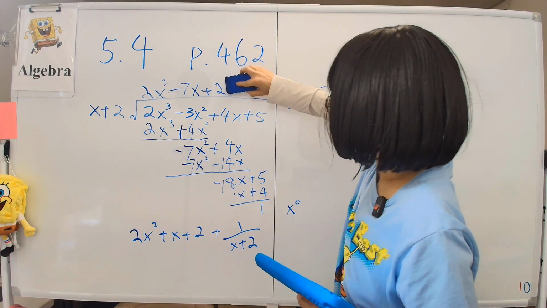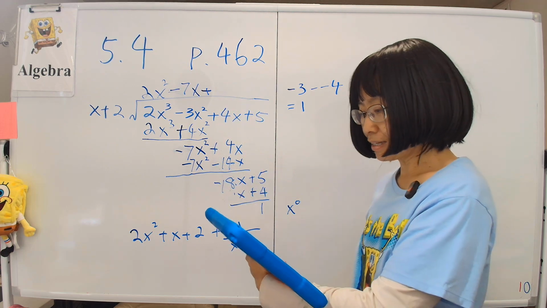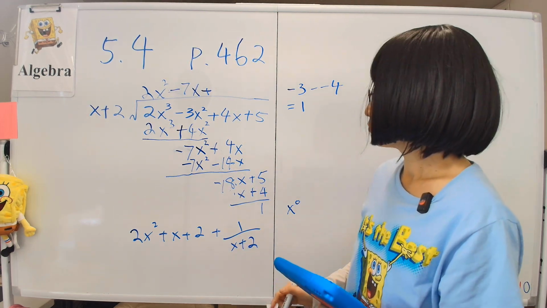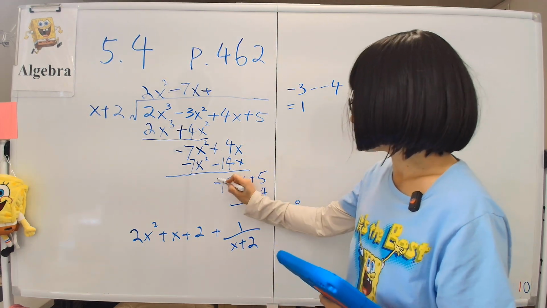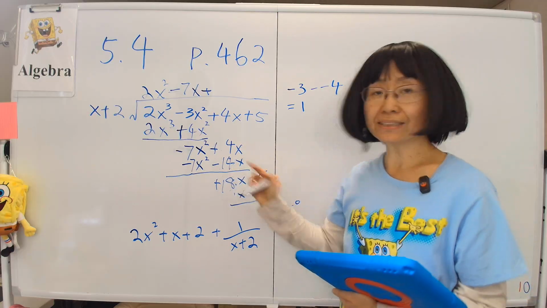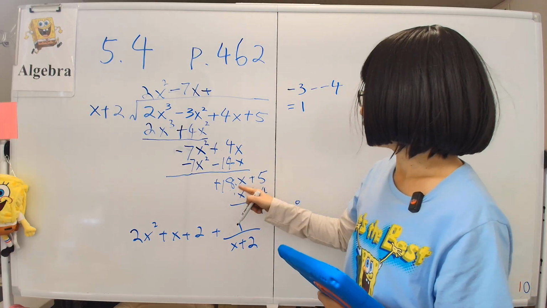So I need to change that, okay? Then the final result is plus 18, sorry, because 4 minus negative 14 is plus 18x.